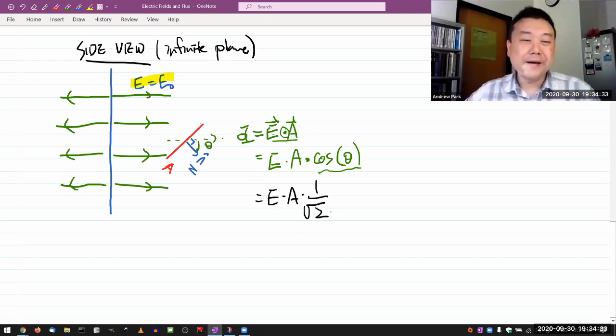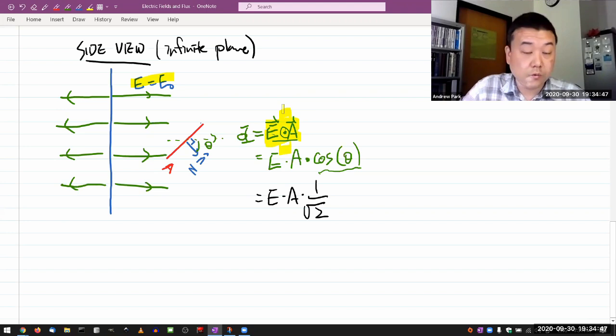That's it. So what you see with the dot product definition of electric flux is that this dot product contains some information about the relative directions of the quantities.